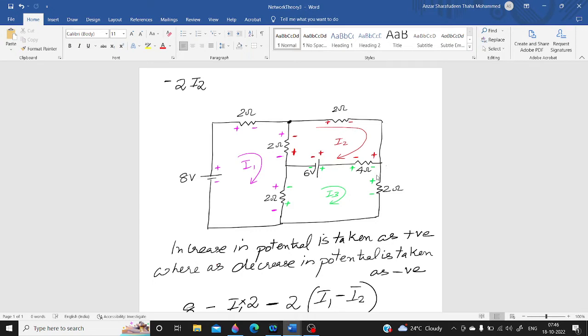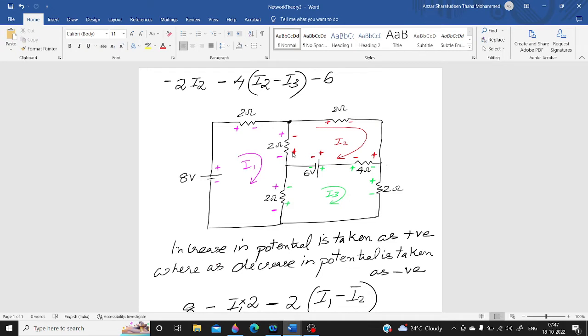And in the 4 ohm resistor along the direction of I2 there is a decrease in potential, so minus, the resistor value is 4, and the current considered is I2 in that mesh, and the opposite current flowing is I3, so it is given a negative sign: I2 minus I3. And now coming to the voltage source, here there is a decrease in potential, so again minus, and the polarity of the battery is 6.